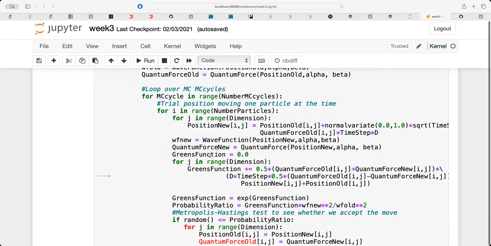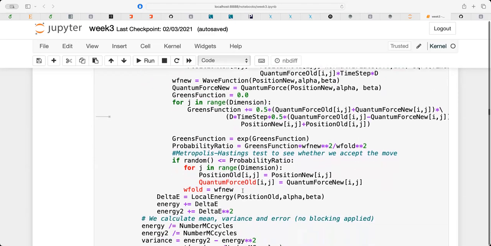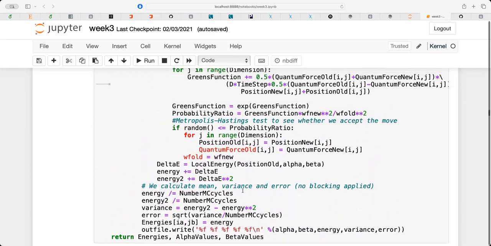So I don't calculate the exponential for the numerator or the denominator, but I actually calculate the ratio and then do the exponential, which you see here, because calculating two exponentials becomes more time consuming. So these are the things which we need to include.